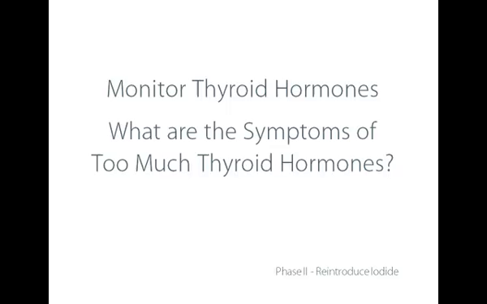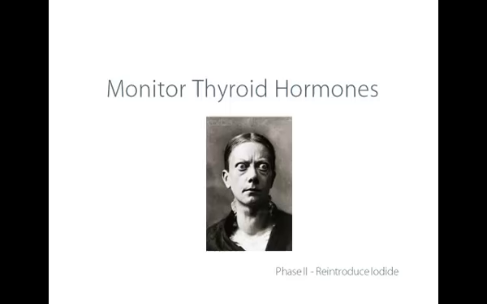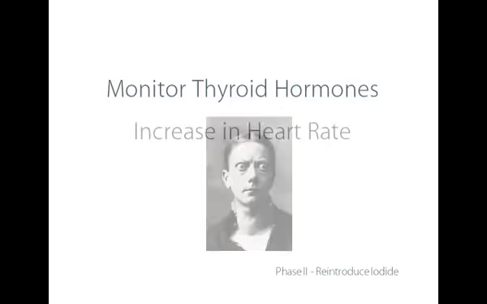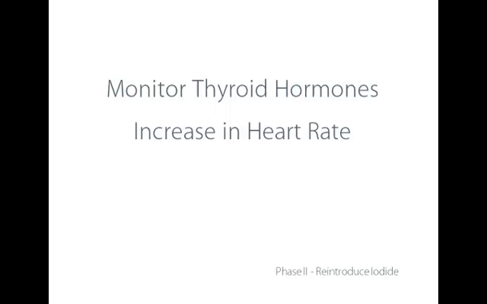So sometimes, in fact it's a very good sign, the person starts to feel as if they have too much thyroid hormone because they're making thyroid hormones now and they're also still on their full dose. We doubt very much if a person's going to go into full-blown hyperthyroidism, but the first symptom would probably be an increase in their heart rate.